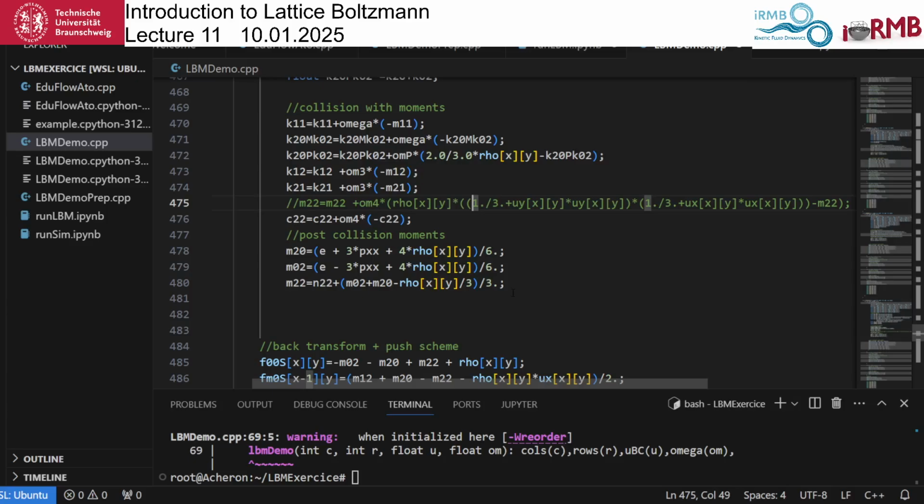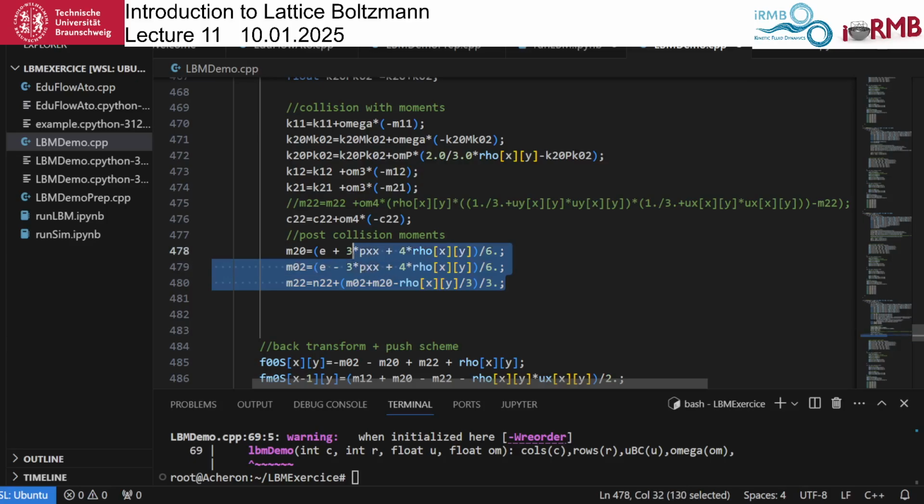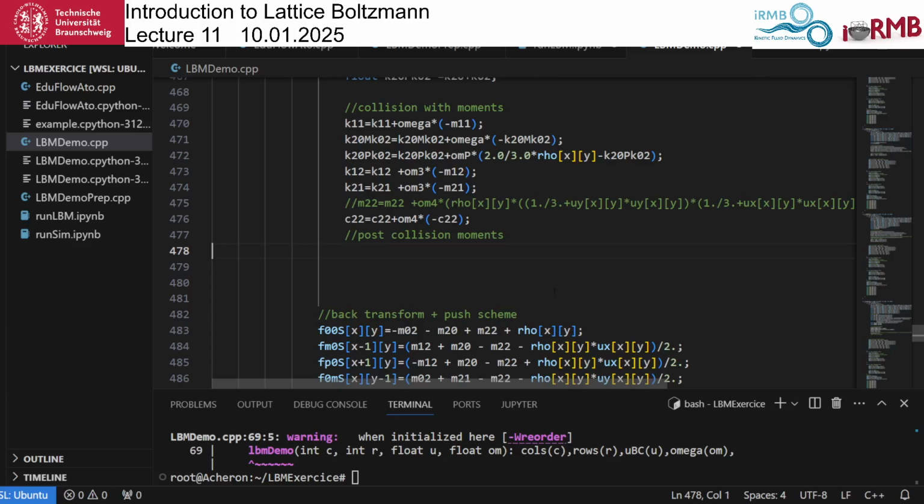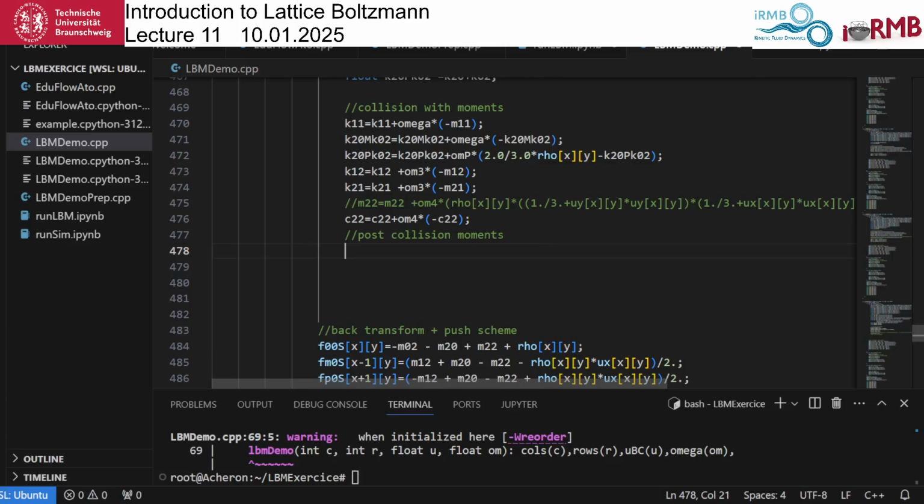I get it. So now these guys are somehow no longer correct. What we have to do is the back transform now, since we have post-collision moments.